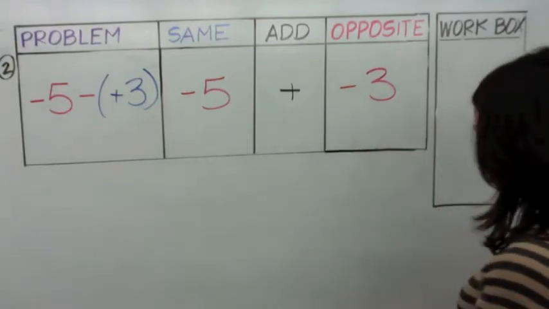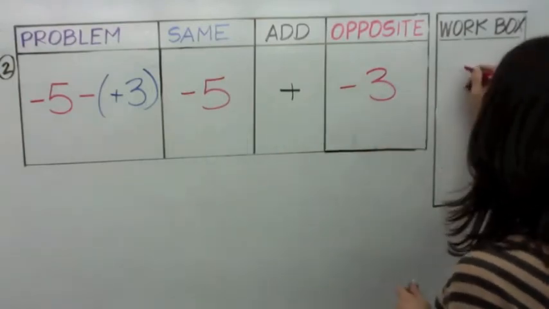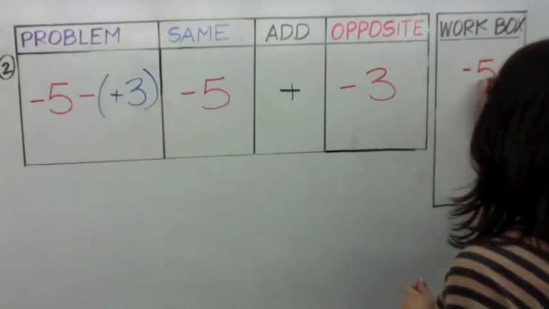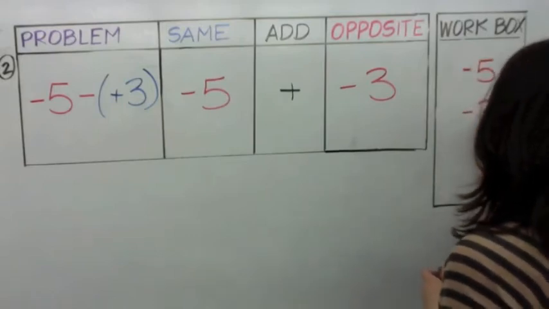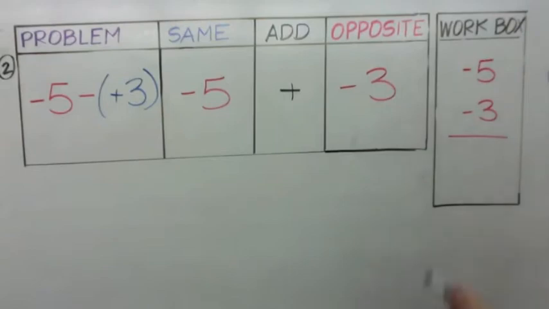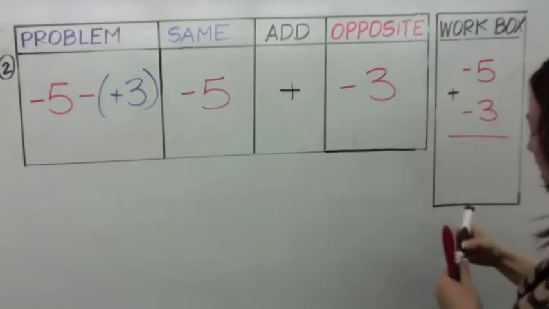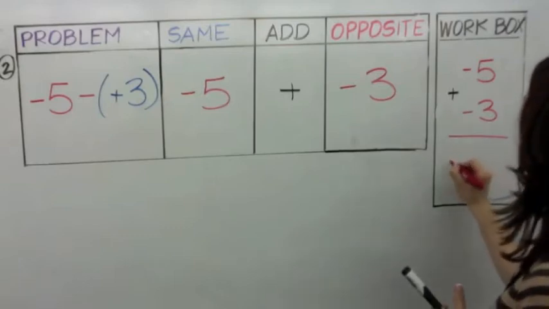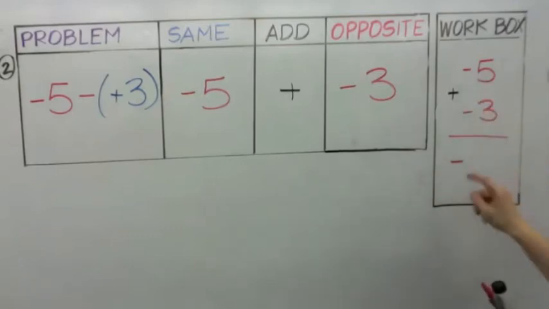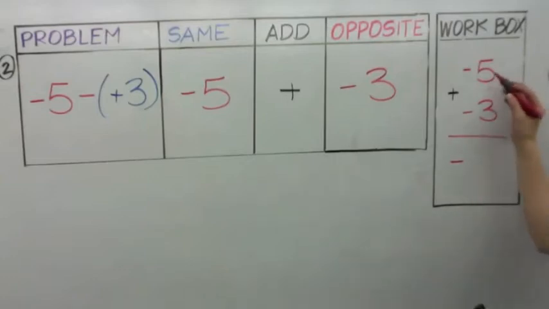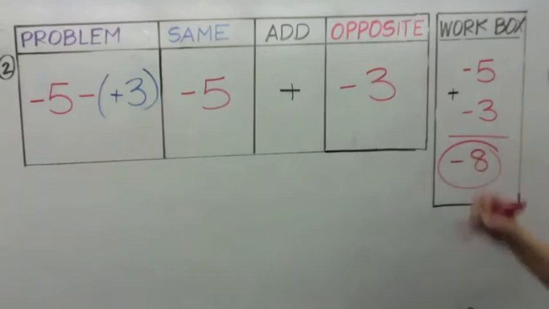When both of the signs are the same, you add them together and you keep the negative. So add these. 5 plus 3, 5, 6, 7, 8. So the answer is going to be negative 8. Go ahead and get that down.